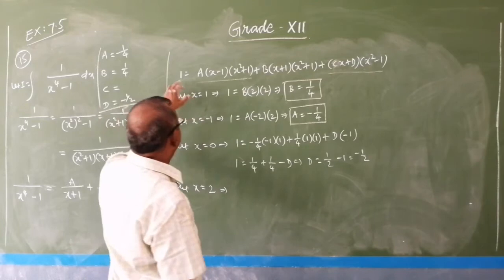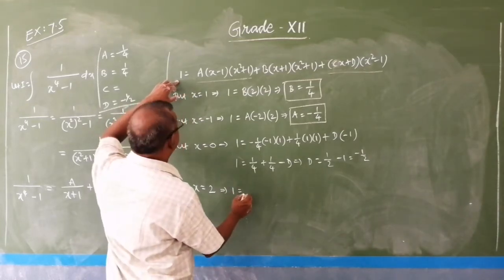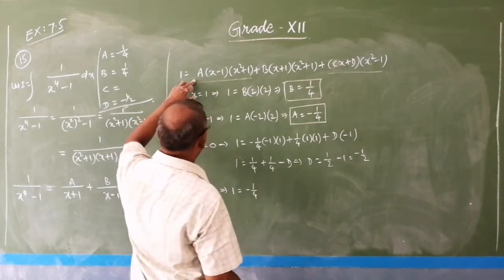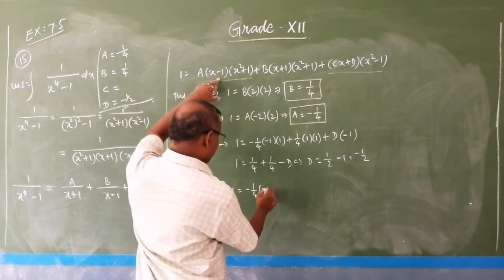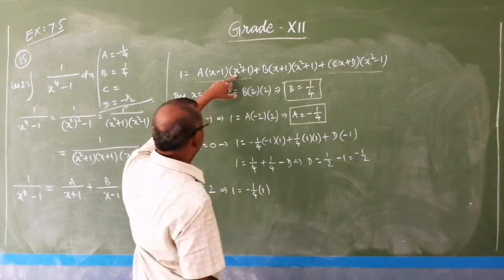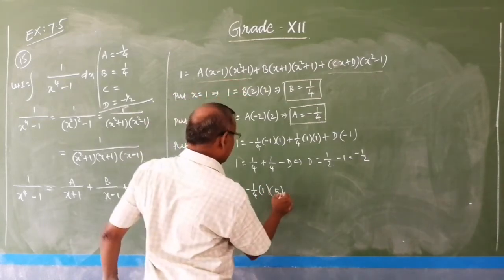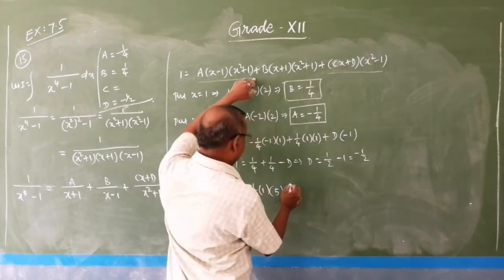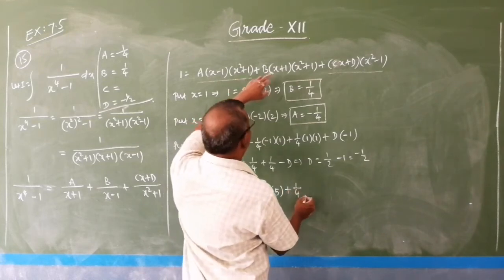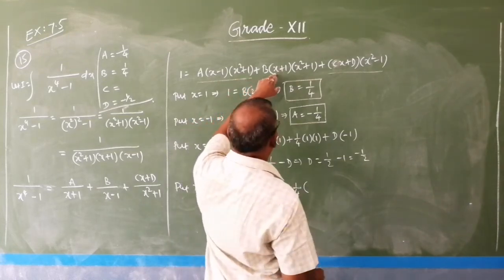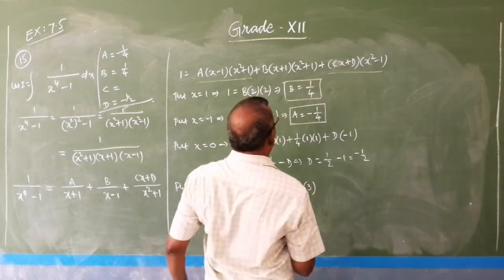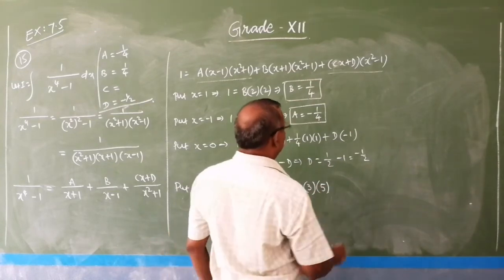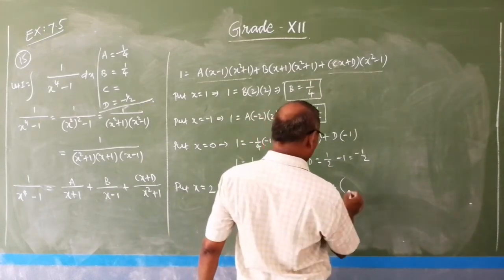So x equal to 2 means we have 1 equal to a value we know, minus 1 by 4 into x equal to 2 means 2 minus 1 plus 1, and 2 square 4, 4 plus 1, 5, and plus b value we have plus 1 by 4, plus 1 by 4 into x equal to 2 means 2 plus 1, 3, and 2 square 4, 4 plus 1, 5, and put c value we do not know.